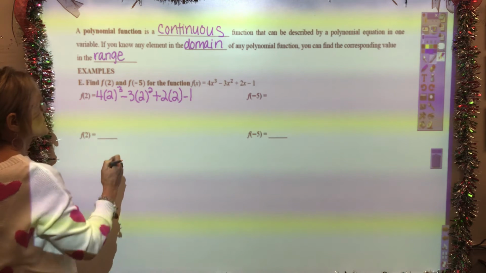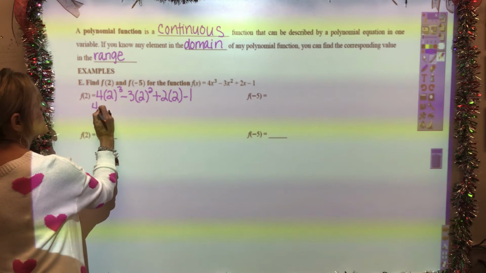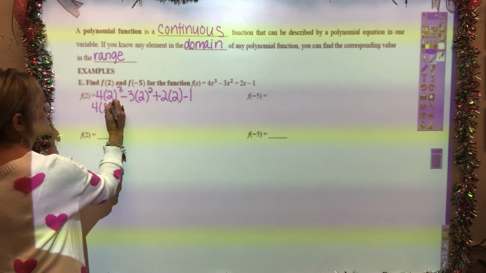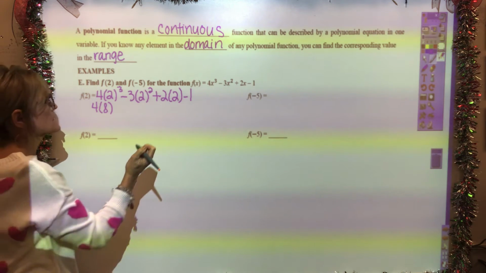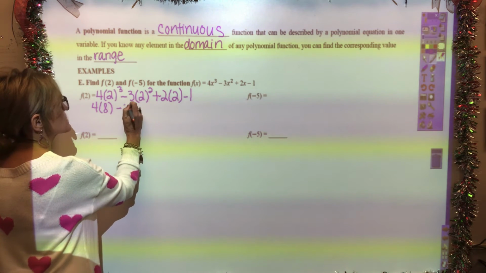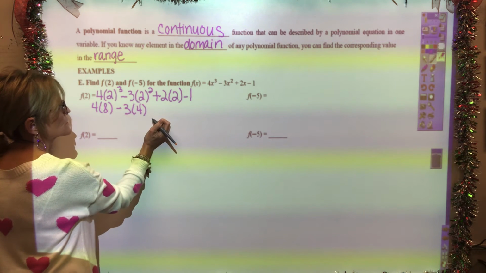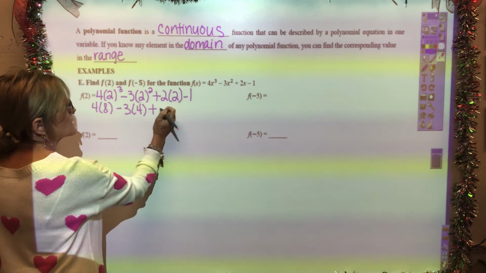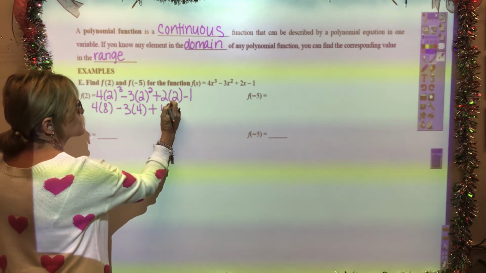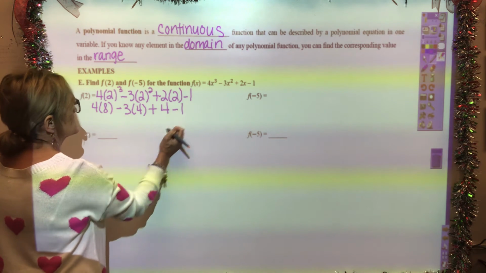And we would simplify. 4 times 8, because 2 to the third power is 8, minus 3 times 4, because 2 squared is 4, plus 2 times 2, which is 4, minus 1.